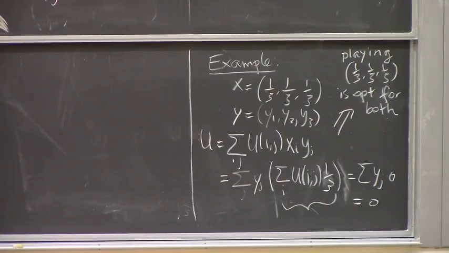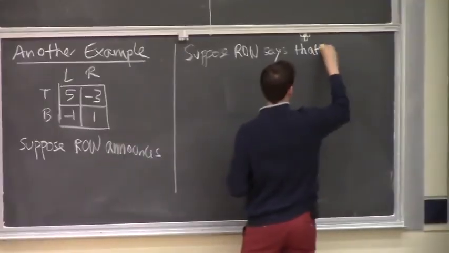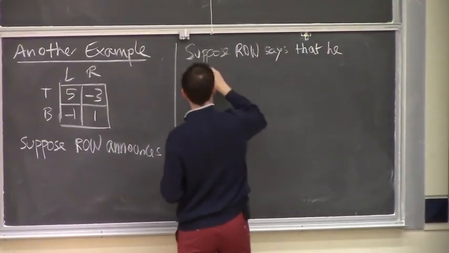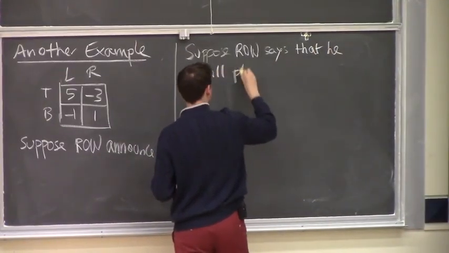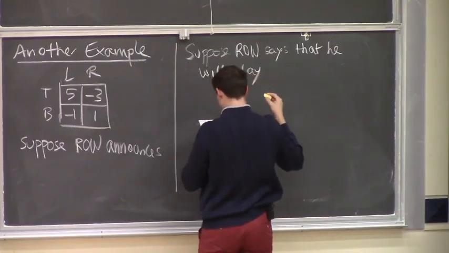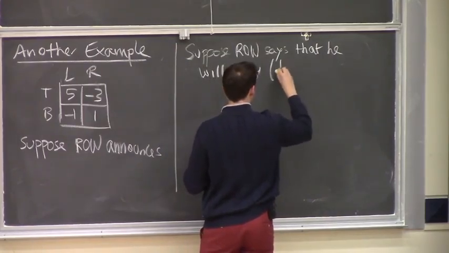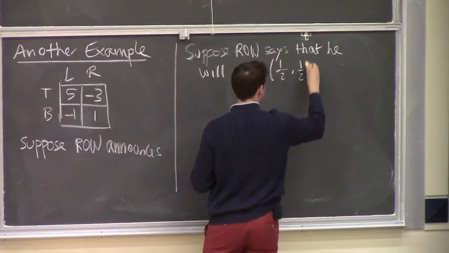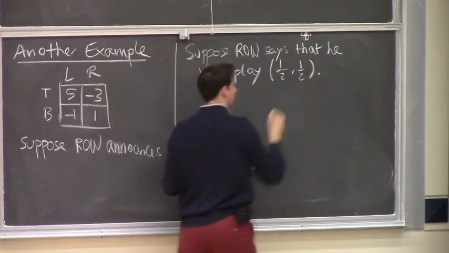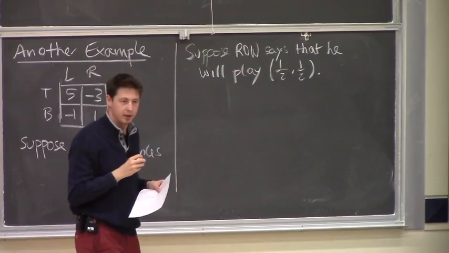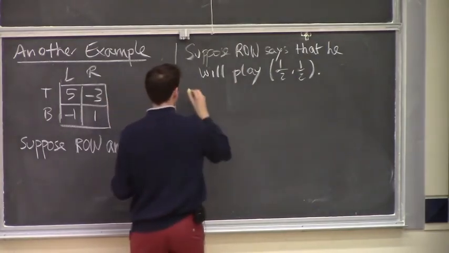Suppose row says that he will play the strategy half-half. I just want to work out what will happen with the random case for a moment.